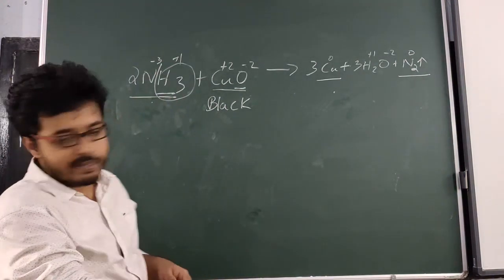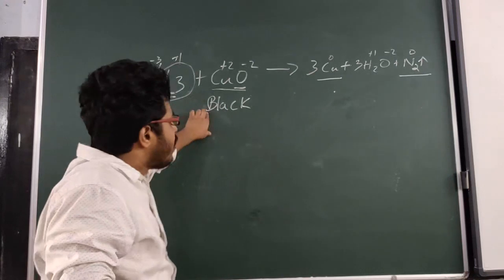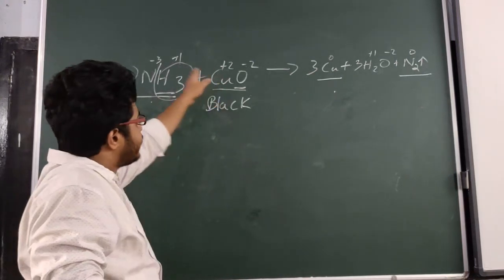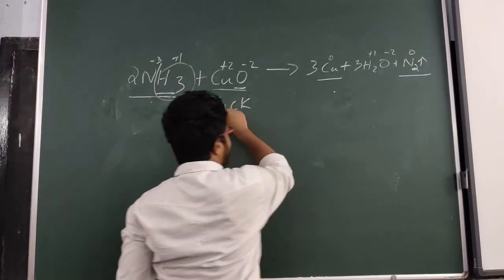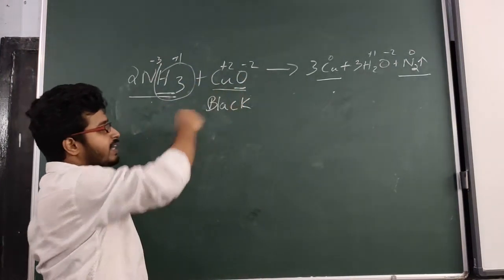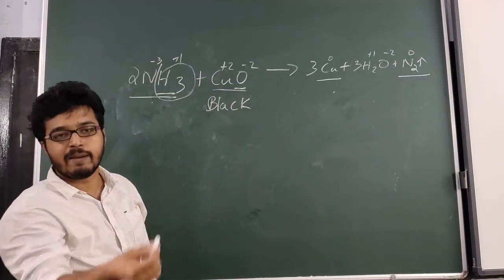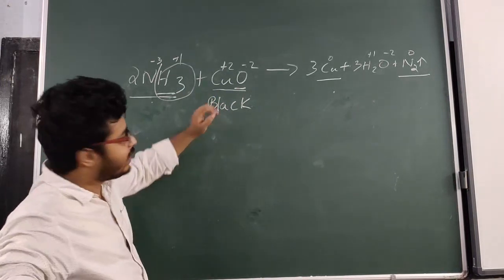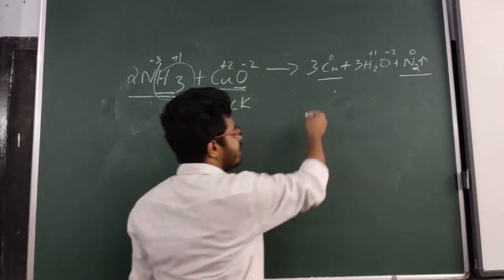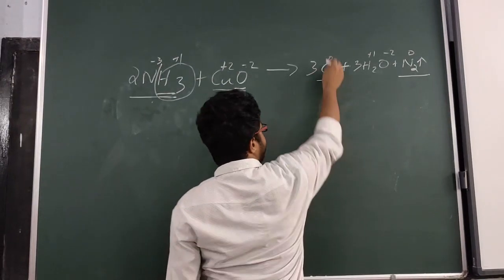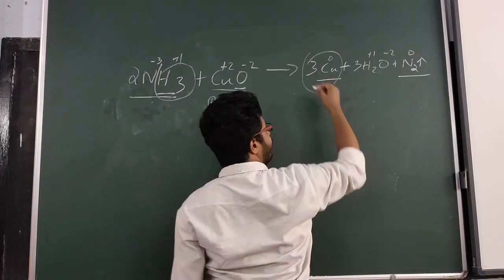Now, about this reaction, so we are adding black copper oxide to ammonia to get these compounds. So the black color of copper oxide, it will be changed into some other color after the reaction. So the most important product here, that is copper.